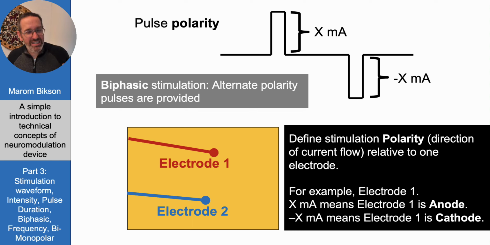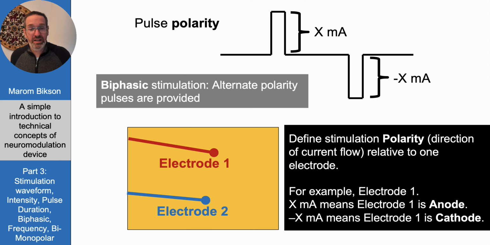And when I say minus 1 milliamp, which is a strange thing to say, right, what I mean is electrode 1 is at minus 1 milliamp, which means it's sucking up current. And therefore electrode 2 is at plus 1 milliamp. You're going to say, well, could you have picked the bottom one? You could have too. But when we talk about polarity, when I say I applied 1 milliamp and then I applied minus 1 milliamp, I have to tell you which electrode I'm referring to, because in fact both have this double role, if you've been following along.